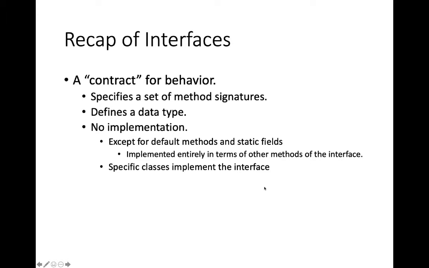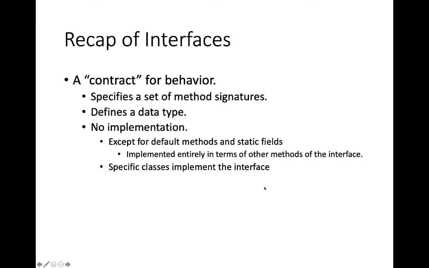It's abstract because it does not specify how it's going to actually implement any of this. It just says, this data type has these methods, and you can work with an instance of this data type using these methods, right? You still need to have a specific class that provides the actual internals, right?